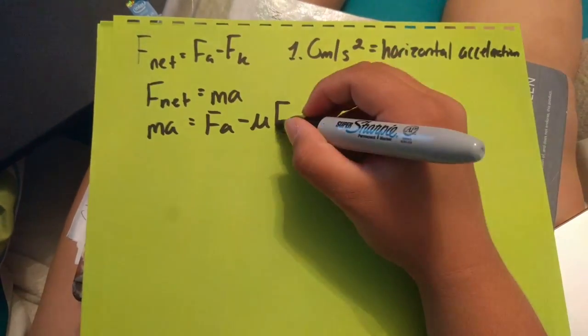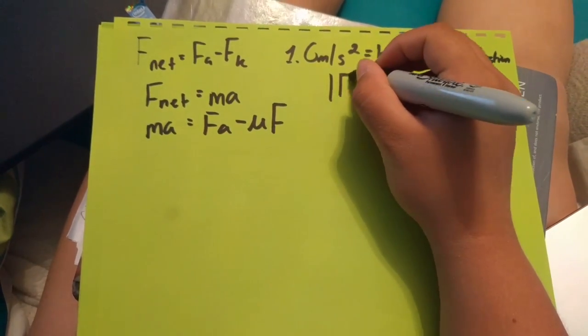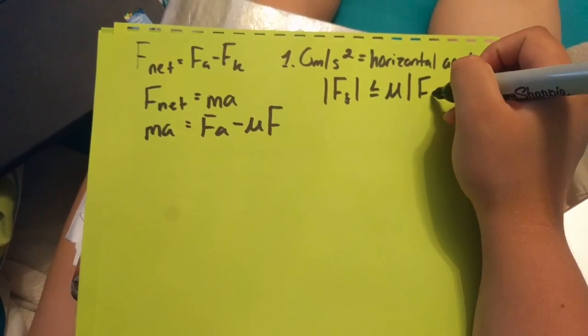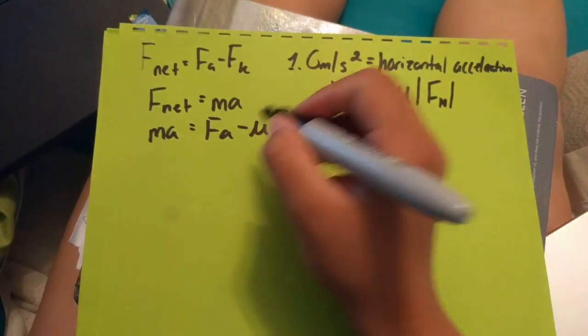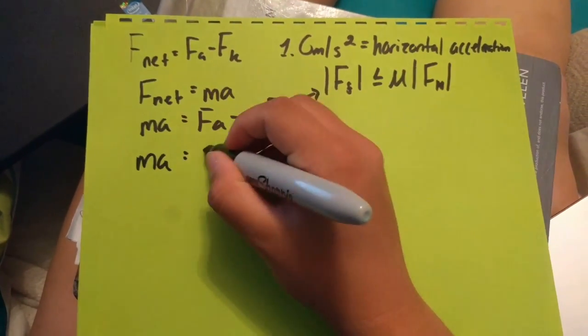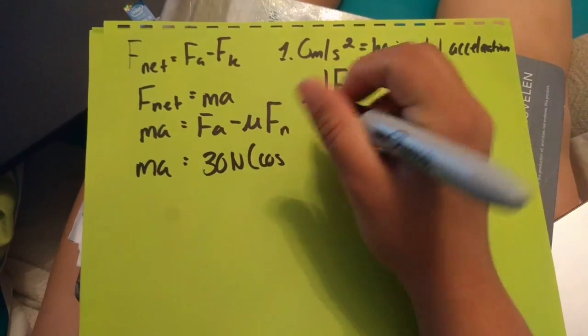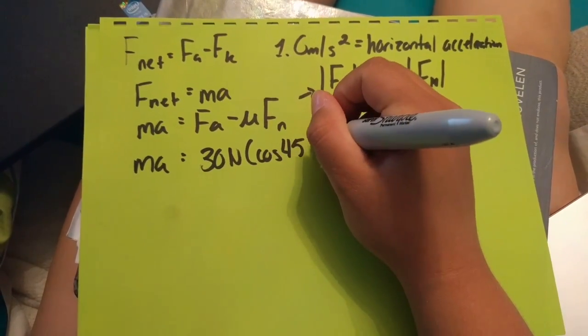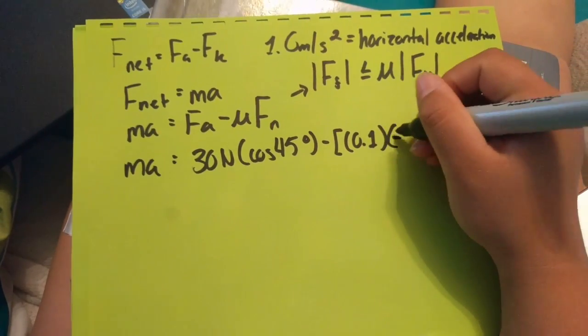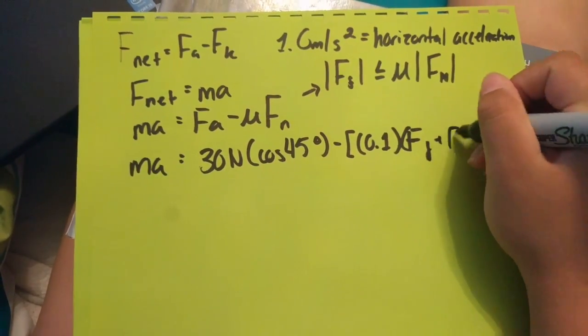So with that, we use ma equals Fa minus mu k times Fn because of the static friction and kinetic friction equation that states that the absolute value of F friction is less than or equal to mu, which is the friction constant, times the absolute value of the normal force.